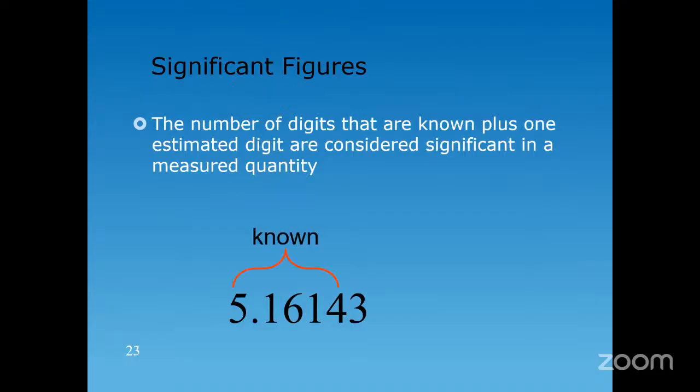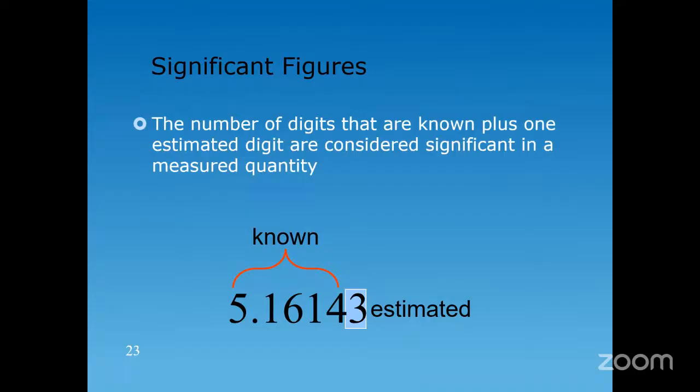You know them based on whatever instrument was used to get this measurement. The last digit is the estimated digit, which is the 3 in this case. So collectively, the total number of significant digits here would be 6, 5 of which you're certain about, but the last one is an estimated digit, right?